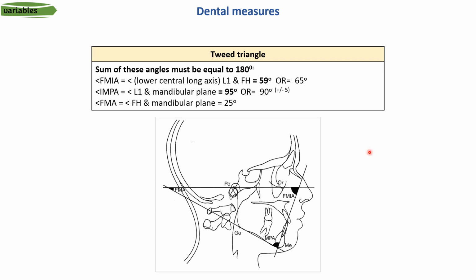But what matters and what makes you check if your measures are correct or not, the sum of the three angles should always be 180 degrees, because the sum of the internal three angles of any triangle should always be 180 degrees.